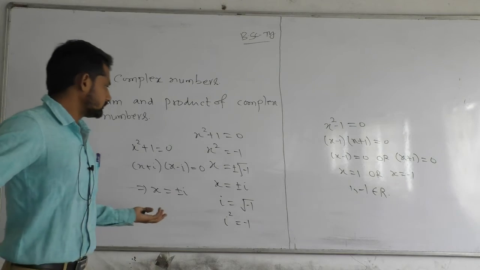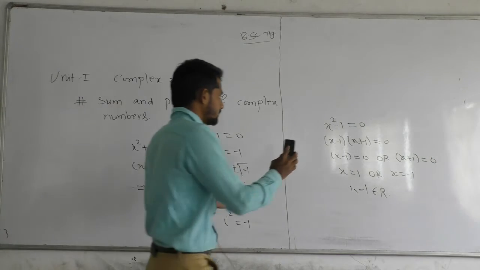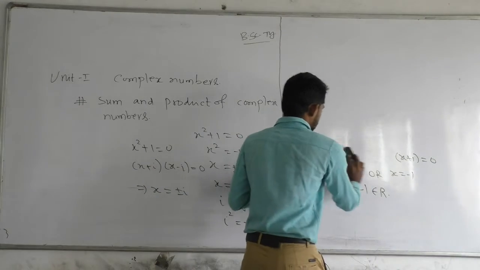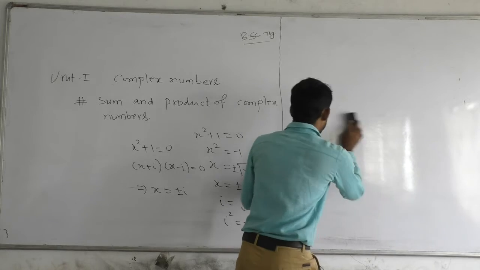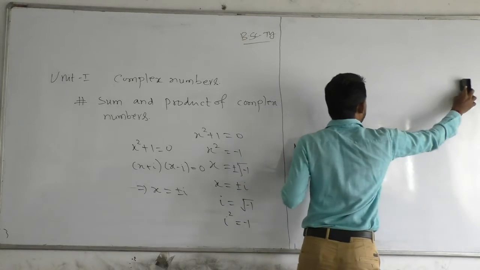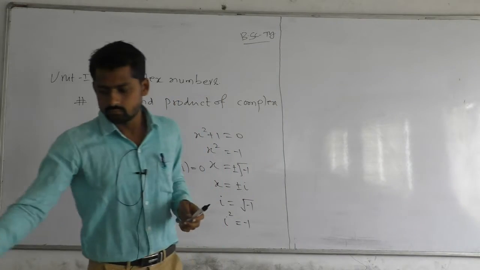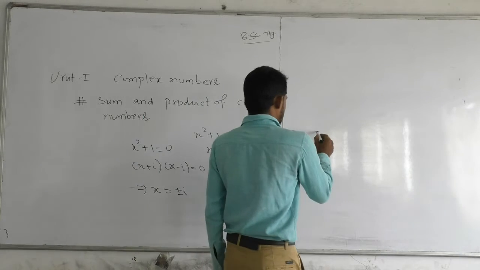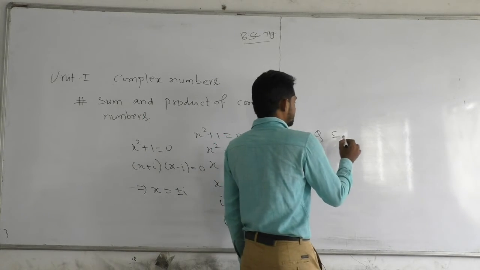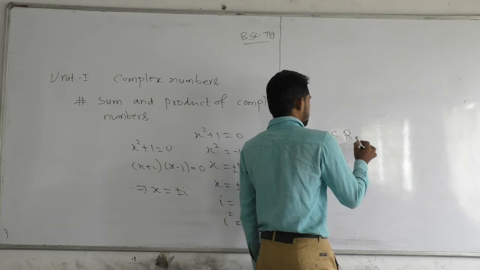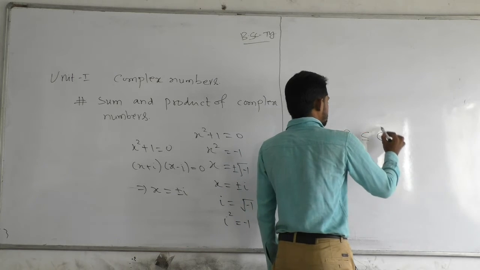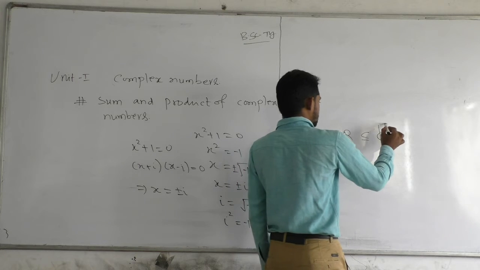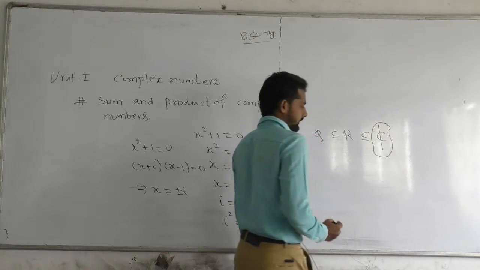Also note that the complex number field is a bigger field than all fields. That is, the set of rational numbers is a subfield of the set of real numbers, which is a subfield of the set of complex numbers. So this field contains all fields.